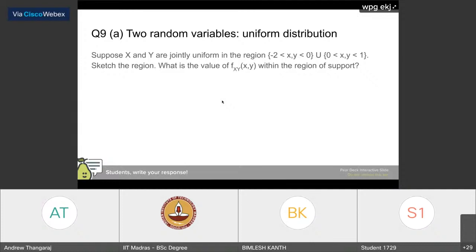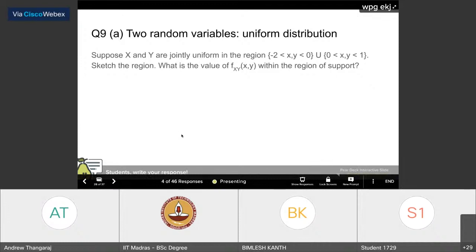Again, a uniform distribution, but it's not one rectangle. There are two squares which together make up the region of support. So you have to be slightly careful computing things.